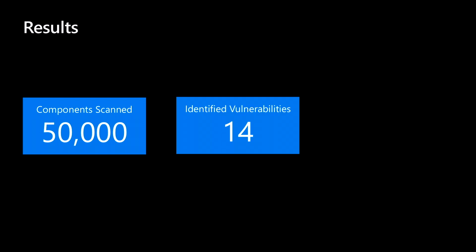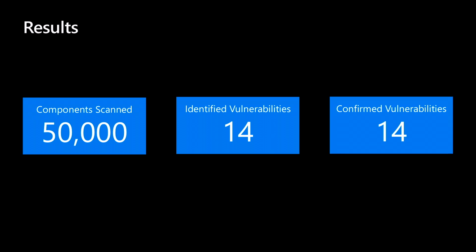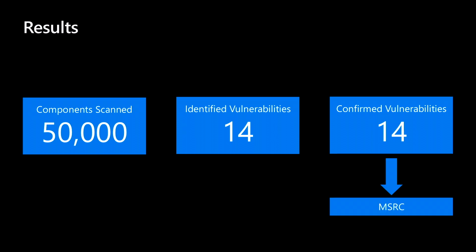I ran this against 50,000 completely randomly sampled components. Found 14 vulnerabilities. Triaged them all. They were all real. Working with MSRC, getting the authors notified and fixed and all of that.